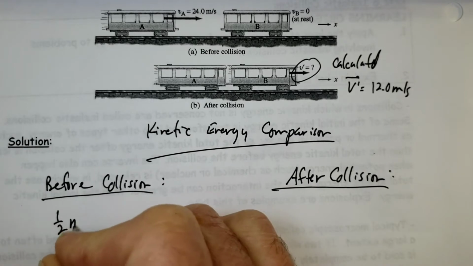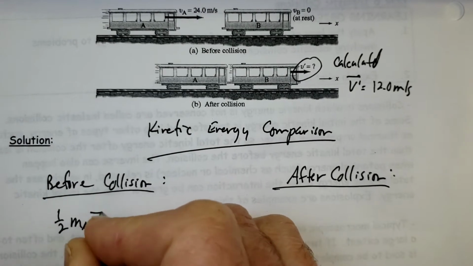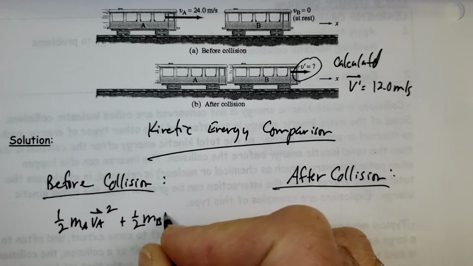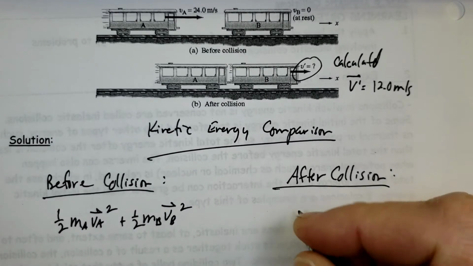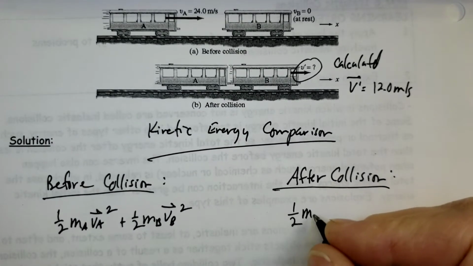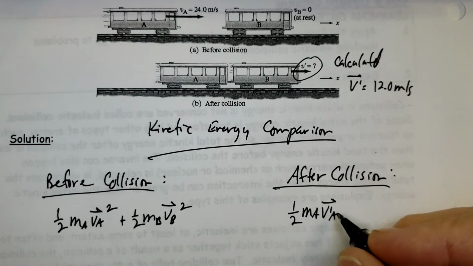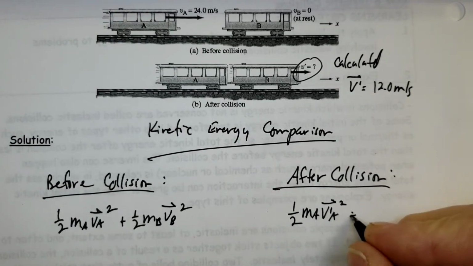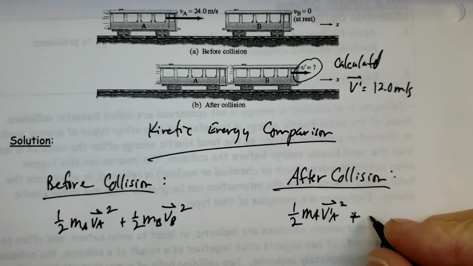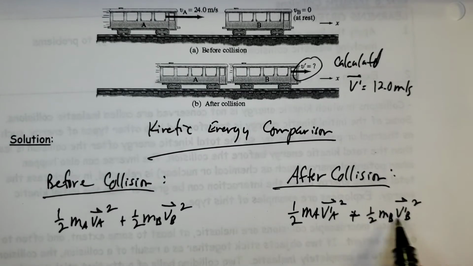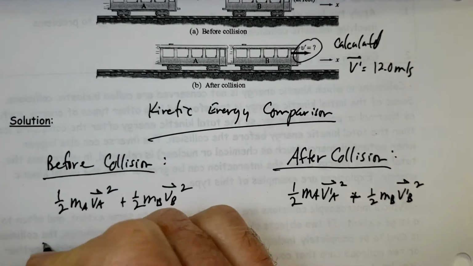Before the collision: one half mA vA squared plus one half mB vB squared. And after, we use the mass of A with the velocity of A after. Now of course vA prime and vB prime will still be 12, so I could put in just v prime here, it doesn't matter. Since they stick together, these velocities are the same, so there's no need to distinguish between A and B because it's simply v after. But that's okay, we'll just treat it like this.